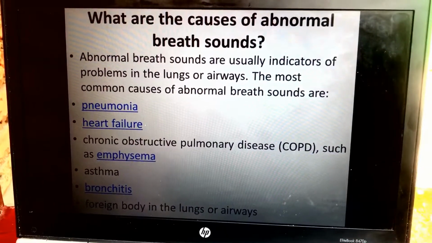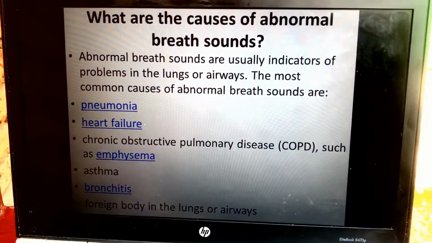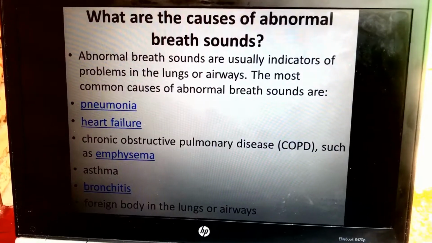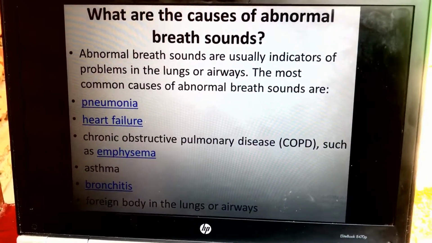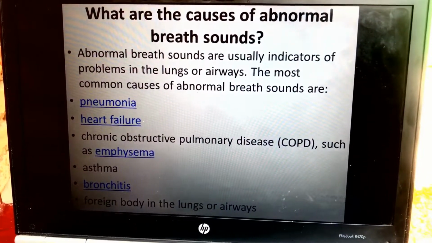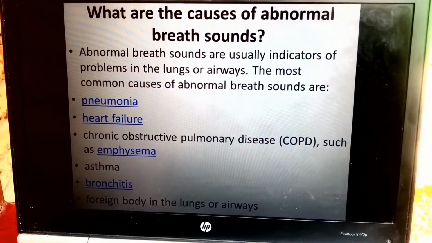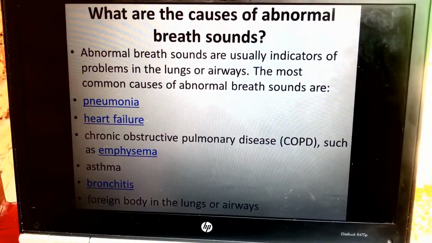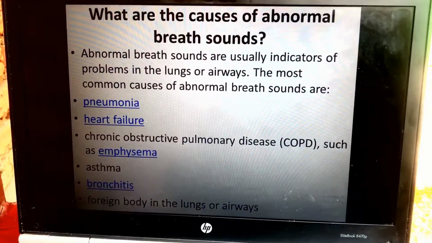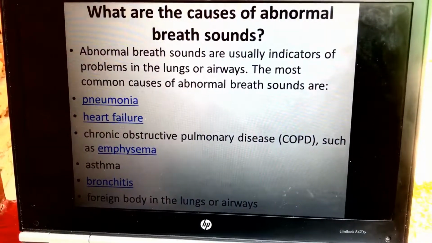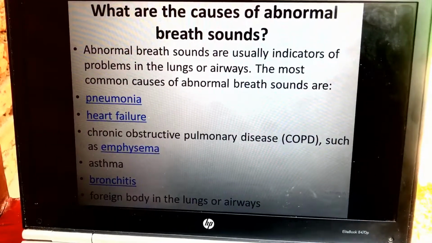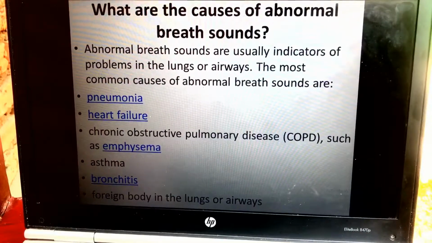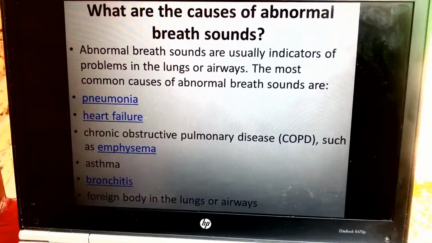Heart failure can also cause abnormal breath sounds. Chronic obstructive pulmonary disease such as emphysema, asthma, bronchitis, and a foreign body in the lungs or airways can cause an abnormal sound. We will see those abnormal sounds typically in the particular respiratory pathology.